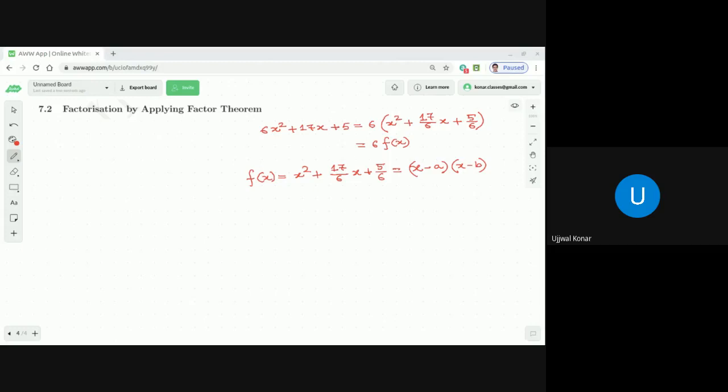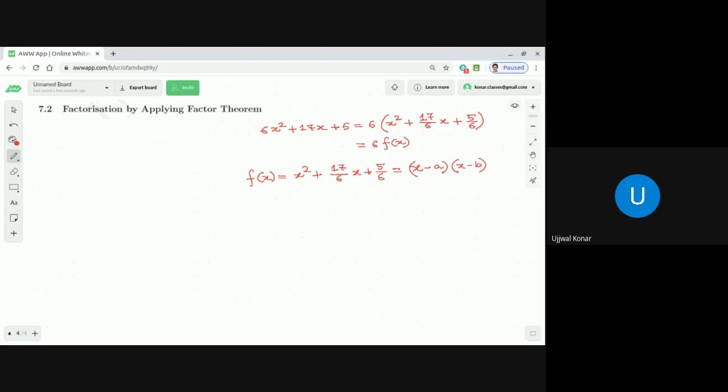But what is our task here? Our task is to find the values of a and b. If we find the values of a and b, we are done. We are able to factorize f(x), and eventually we'll be able to factorize the original expression, which is 6x squared plus 17x plus 5.